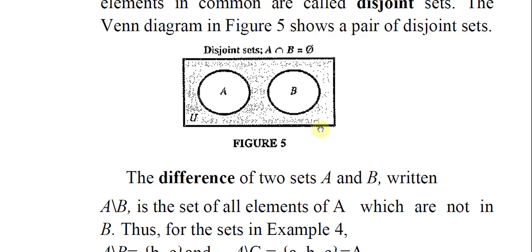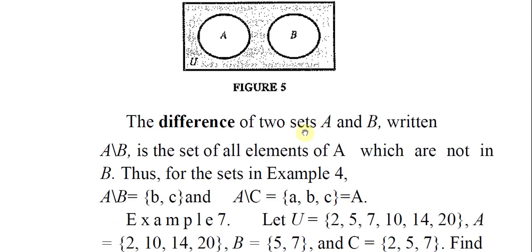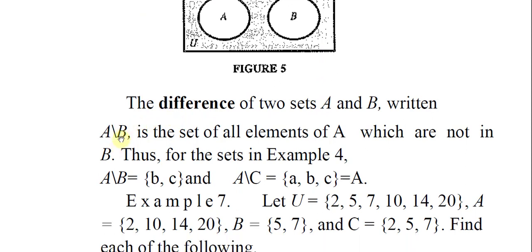And the next operation is the difference of two sets, A and B. We write the difference between A and B with this symbol, A difference B. It is the set of all elements of A which are not in B. And the graph of this one is, let this be the universal set.